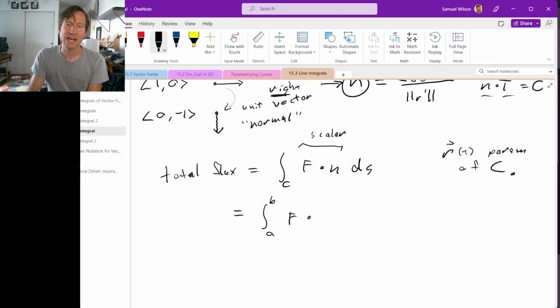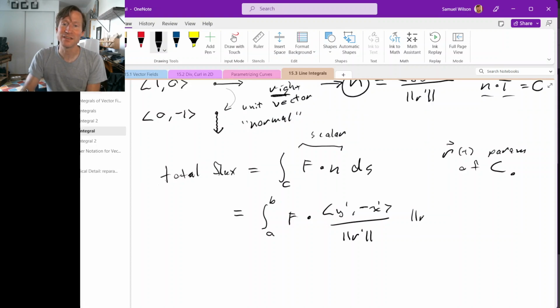So we're going to integrate f dot n. Remember, n is y prime comma minus x prime over the length of r prime. And then ds is the length of r prime dt.